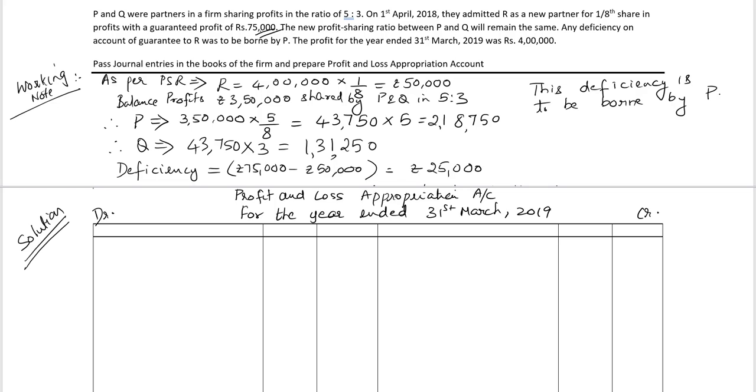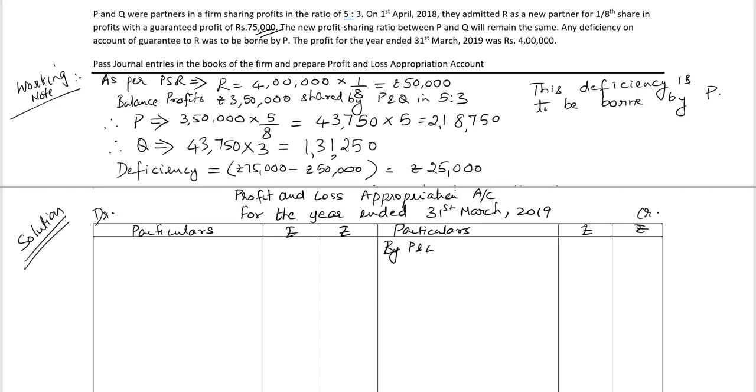Debit and credit on either side. Particulars, inner column and outer column. Particulars, inner column and outer column.